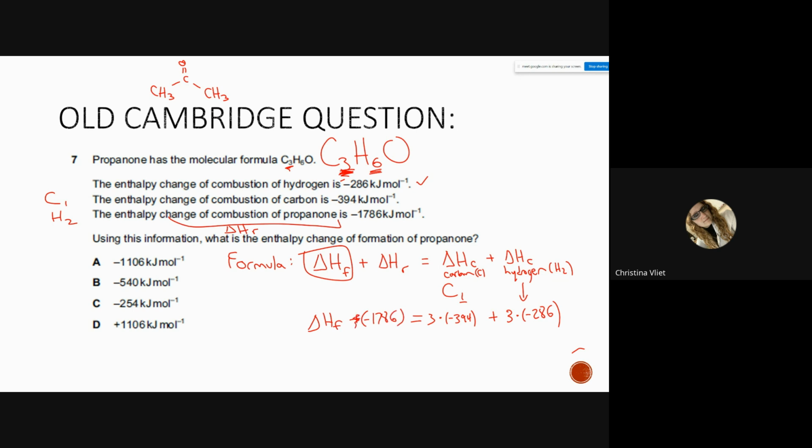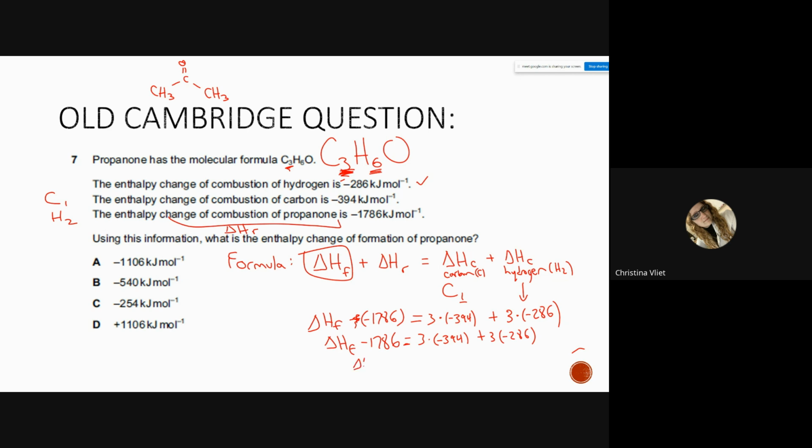So now see if you can solve it. Delta HF minus 1786 equals 3 times negative 394 plus 3 times negative 286. I solved it earlier. Let me know if you get the same thing.